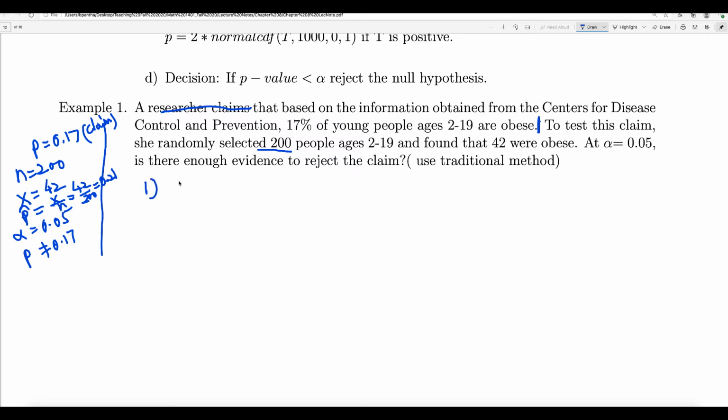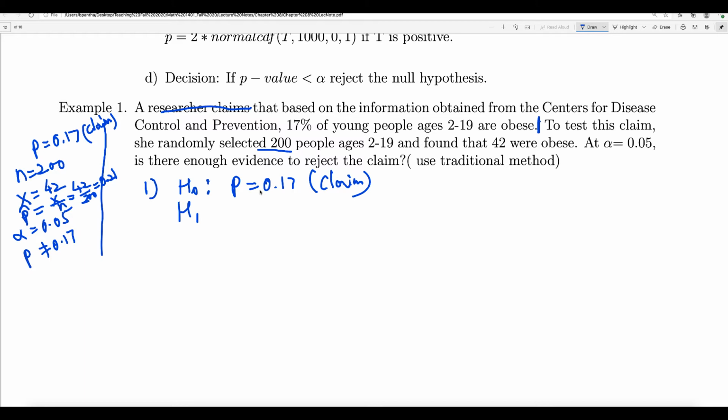Step number 1 is write down H0 and H1. H0 is the null hypothesis. We usually write equal to sign. That is here, that is given, right? P equals to 0.17. This is the claim. Again, usually claim is alternative hypothesis, but sometimes a claim is given as the null hypothesis.